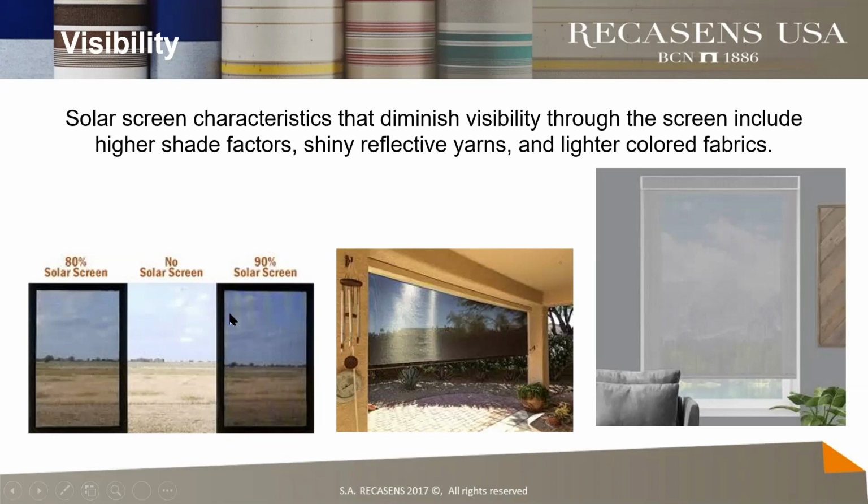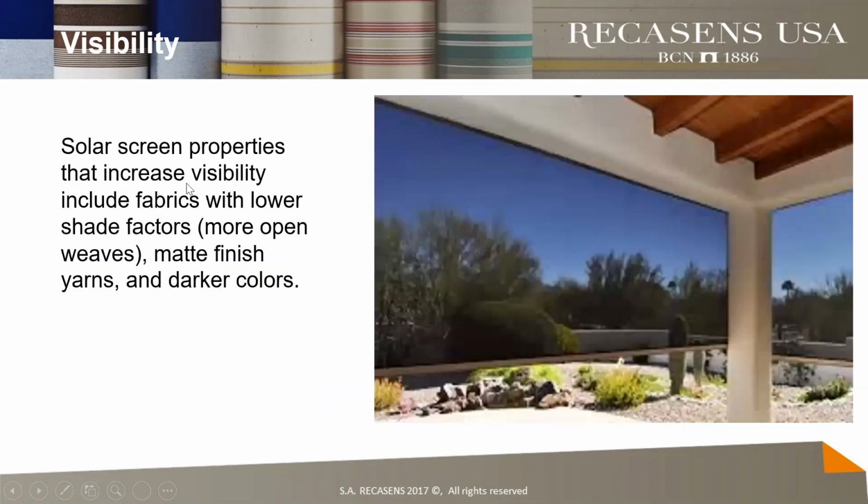The downside is that if the dark fabric is inside your home, the light's going to hit that dark screen and it's going to turn into heat instead of reflecting back out off of a lighter fabric.